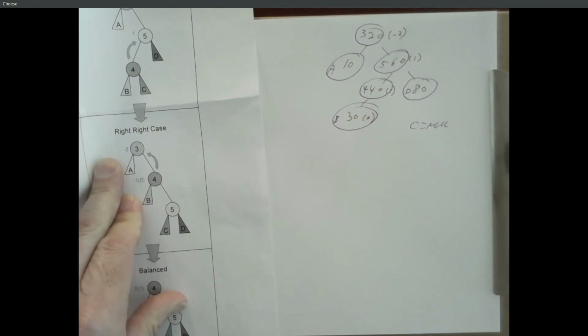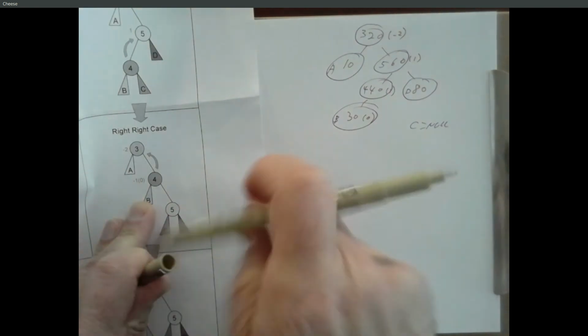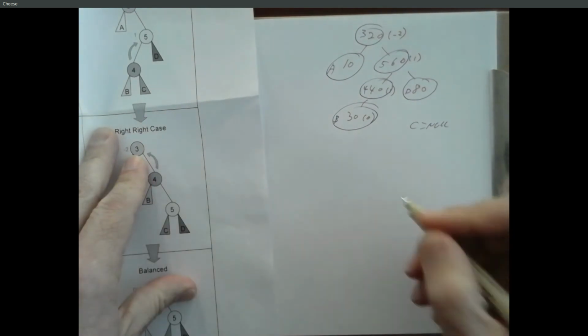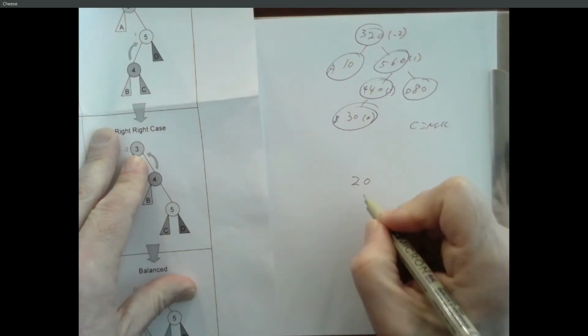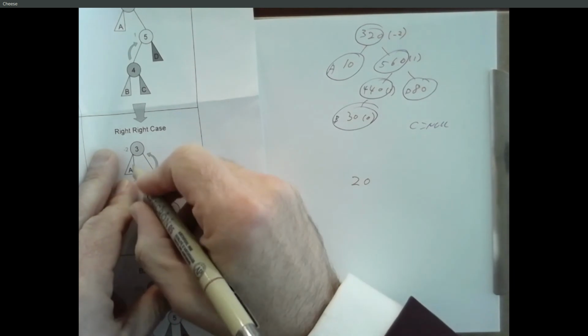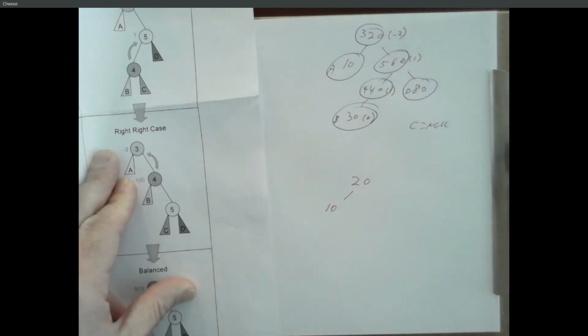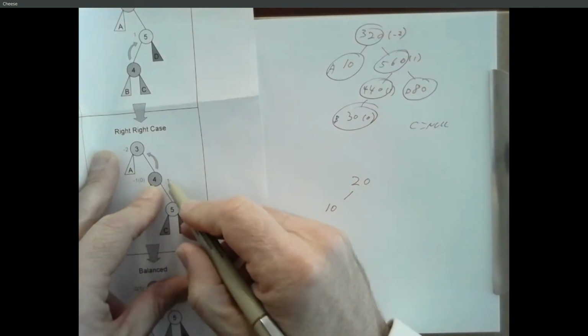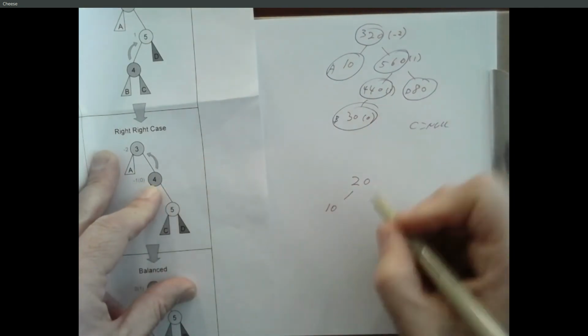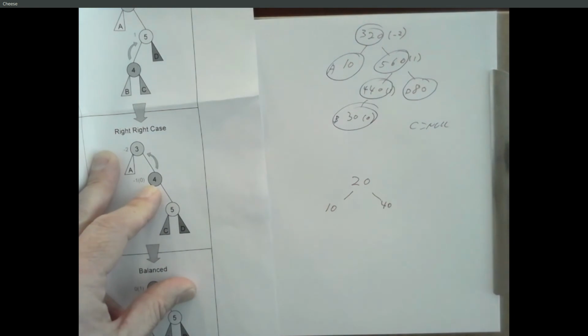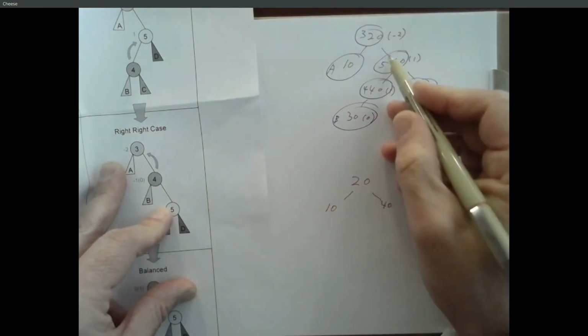What we want is to have node 3 still be the root. So that's a 20. The thing on the left of that should still be node A. So that's a 10. But the thing on the right of node 3 should now be node 4. That's our 40. The thing on the right of node 4 should be node 5.